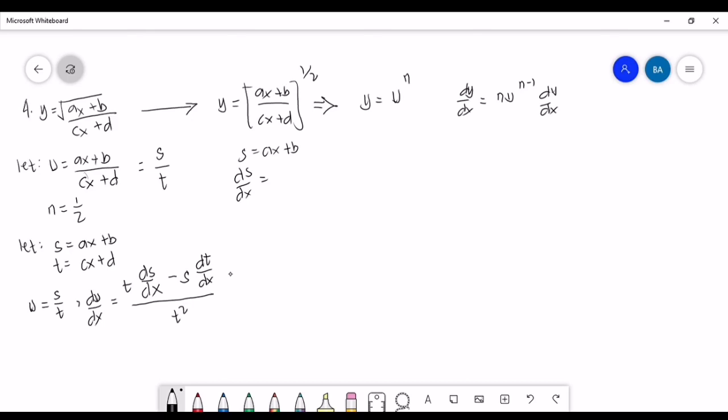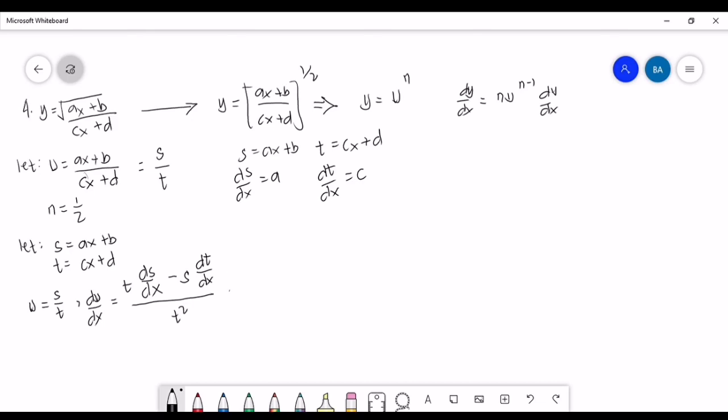So the derivative of b is 0, and the derivative of ax is a. Then our t is equal to cx plus d, so the derivative of t with respect to x: d is a constant, so this becomes 0, and the derivative of cx is equal to c. Now we can substitute this in our equation.